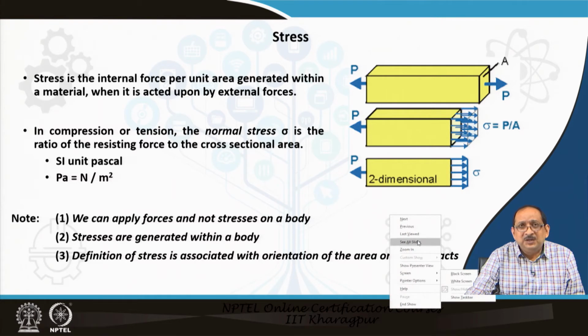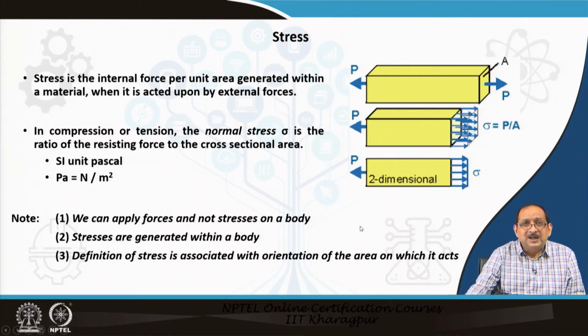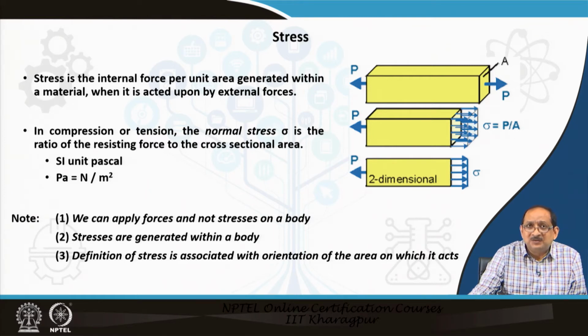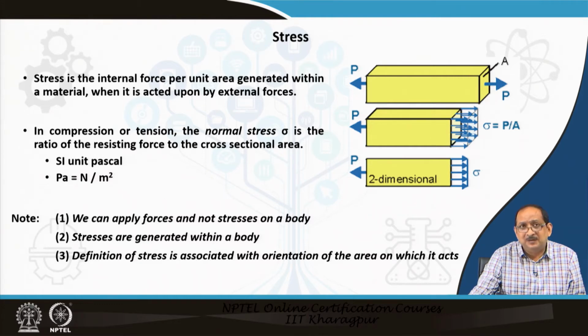It should be noted here that we can apply forces, not stresses, on a body. Stresses are actually generated within a body. And most importantly, the definition of stress is associated with orientation of the area on which it acts.